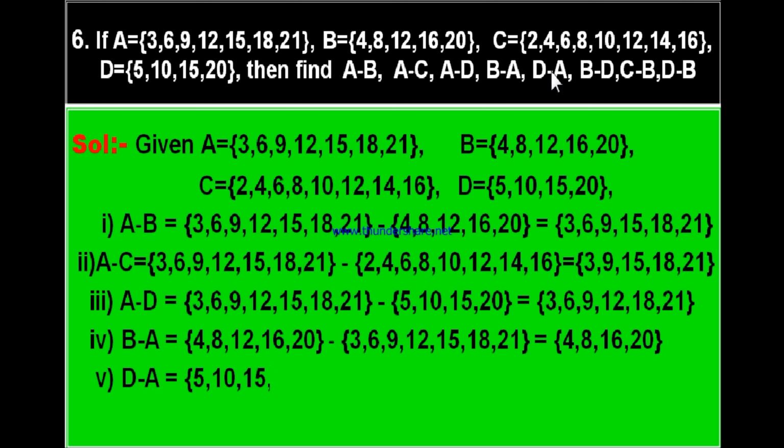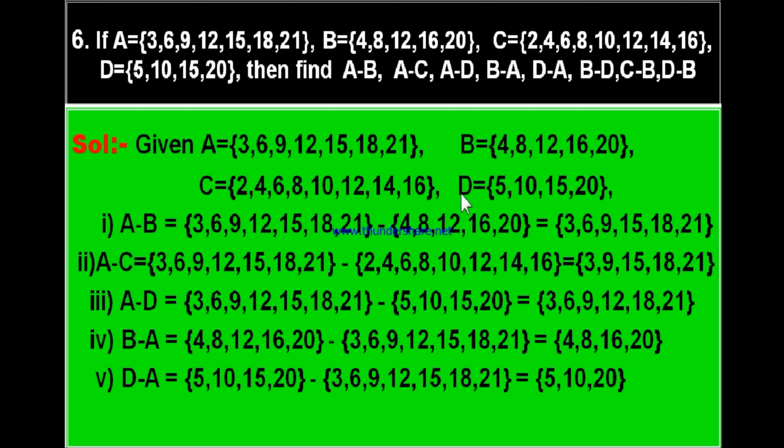Next fifth bit is D minus A. Set D is set of 5, 10, 15, 20, minus A is set of 3, 6, 9, 12, 15, 18, 21. Again you have to go for the subtraction. 5, there is no 5, and 10, there is no 10 there, therefore write 5 and 10. You can find 15 in both, therefore leave it.